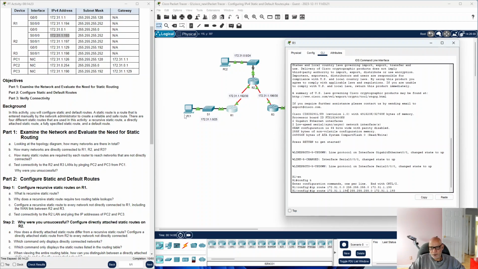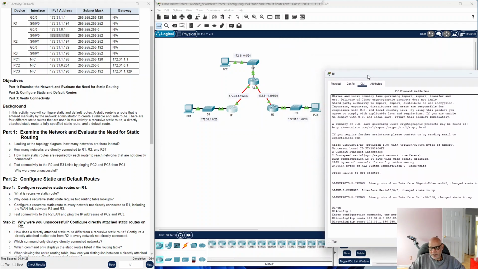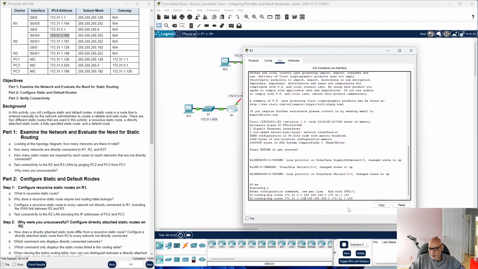If PC1 wants to access PC3, the packet will go to R1 and then be sent to R2 because R2 is connected to R3, right? So the gateway will be the same in this example.